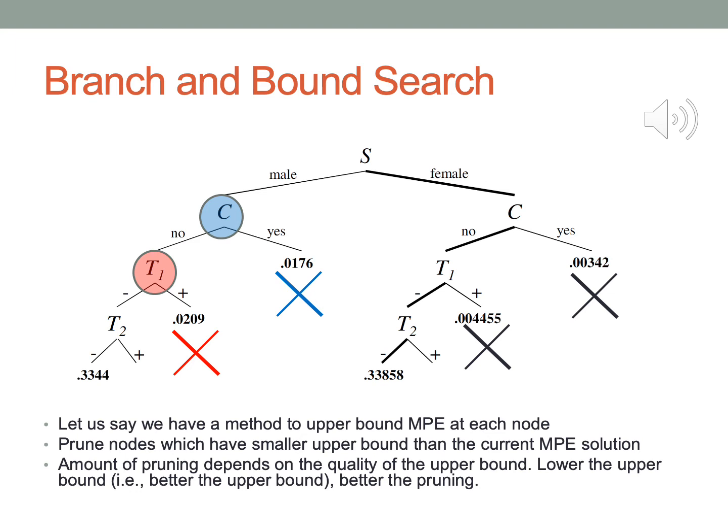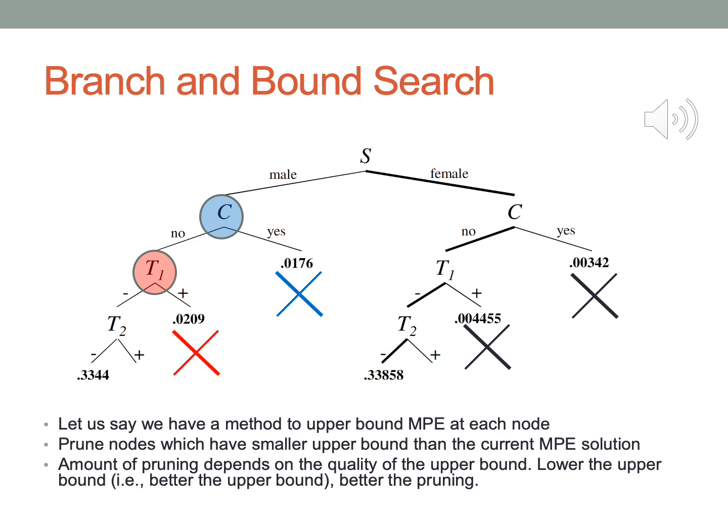One final point I want to mention is that the performance of this algorithm is highly dependent on the quality of the upper bound. The lower the upper bound, the more the pruning. If you have two methods, and one method gives smaller upper bounds than the other consistently, then branch and bound with pruning method 1 will be much better in terms of number of nodes explored as compared to the one that uses pruning method 2.